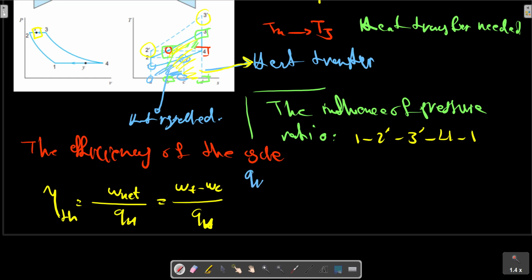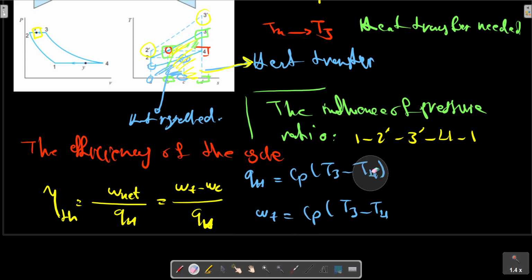QH equals Cp (T3 minus T4)... WT equals Cp (T3 minus T4). This is Tx.